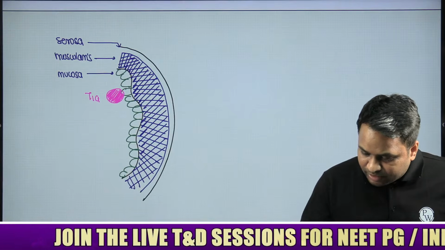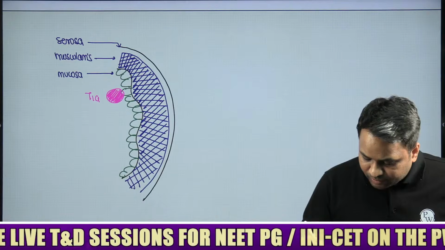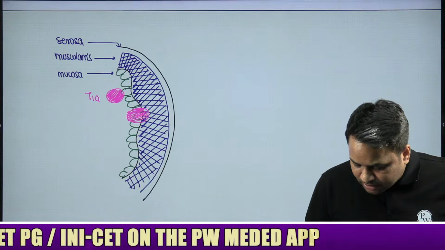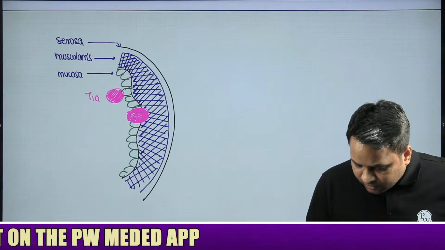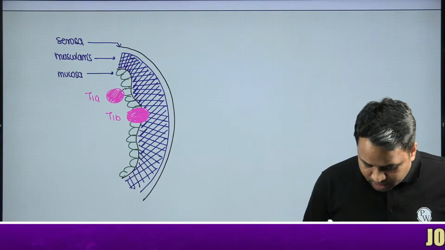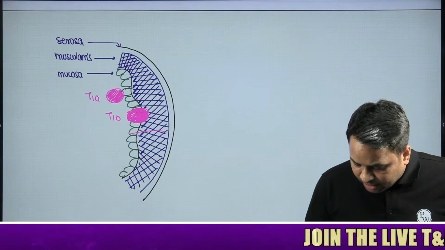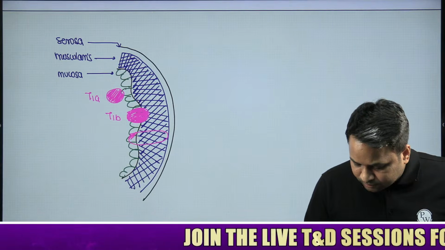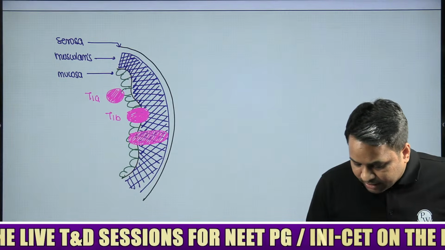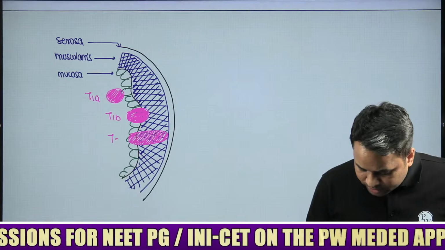If it is involving the inner half of the muscle, this is T1B. If it is involving the outer half of the muscle, it is your T2 disease.